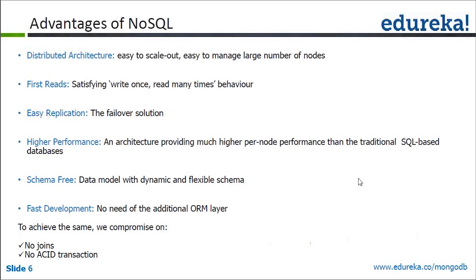Not only that, they should also give you an automated failover solution. That means, say one of your nodes goes down, then some backup node should come up automatically, right? You cannot do that manually, because there will be a lot of downtime. So your technology should give that facility. Schema free, which we have already discussed, and higher performance.